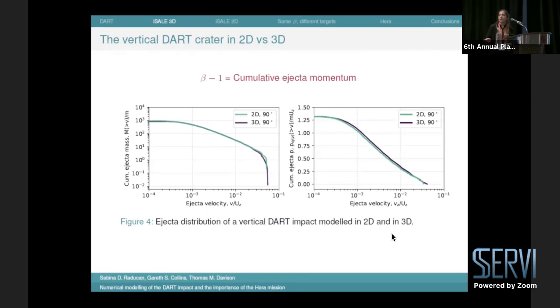The two simulations match pretty well. If we integrate the area under the graph, we get the cumulative ejected momentum normalized, which is beta minus 1. Again the two simulations match pretty well, which is good news for us because it means that we can use 2D simulations to accurately predict the beta value for a vertical impact.